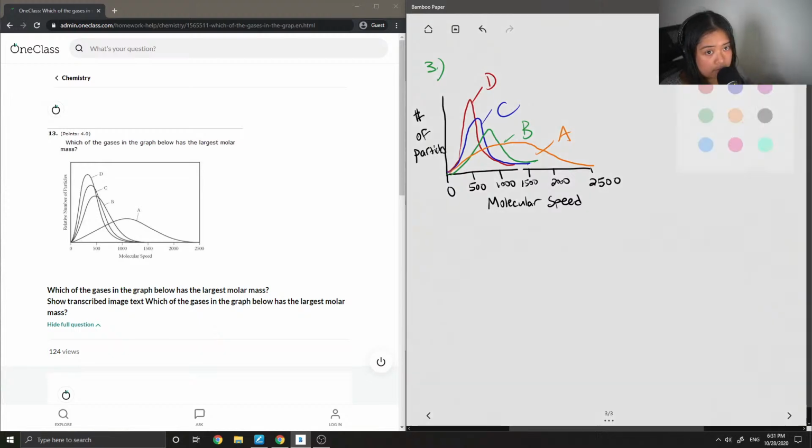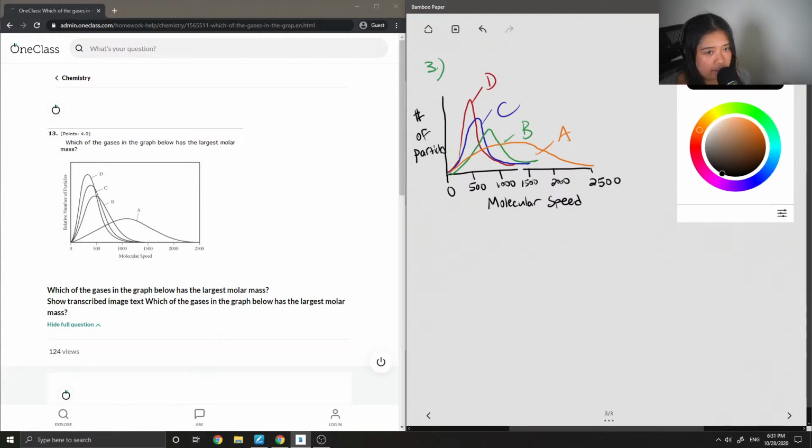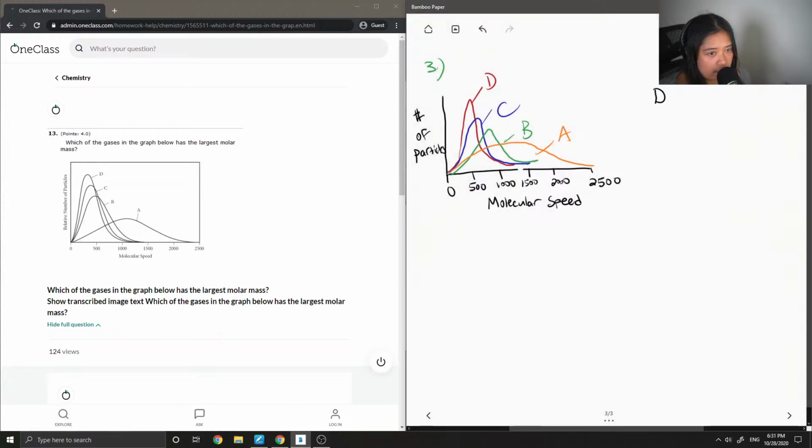So just by analyzing the graph, you'll notice that D has the most number of particles in one spot, and it's near the 500 range in the molecular speed.